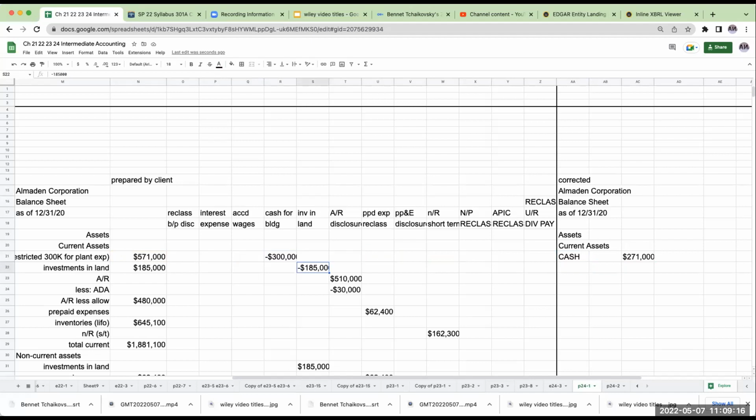The investments in land was reclassed, so that's going to go down to 0. My next one over here is my accounts receivable less my allowance for doubtful accounts. It's going to give me accounts receivable net. So this would be shown up here as 510 minus 30, and this over here is going to give me 480.